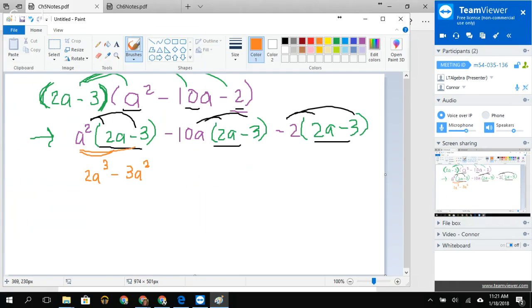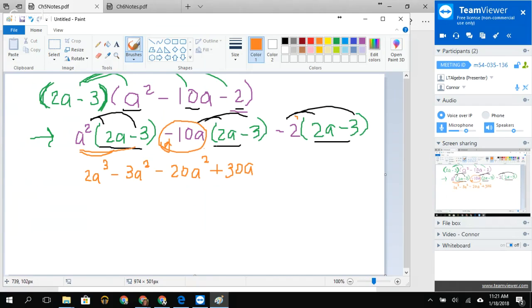Okay, this is where it gets a little more tricky. Our second term is -10a, so you want to make sure that you take the negative sign when you're distributing it. So this is going to be -10a times 2a, so you're going to get -20a squared. And then we have -10a times -3, so positive 30a.